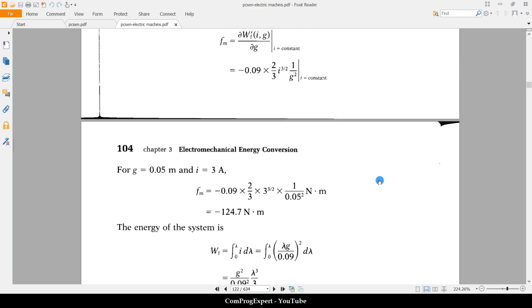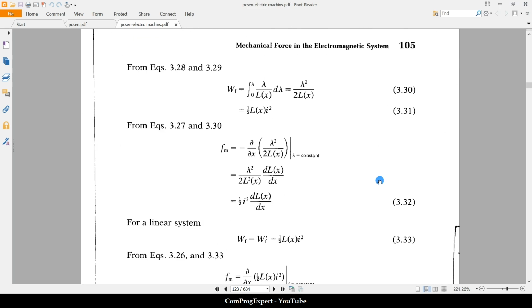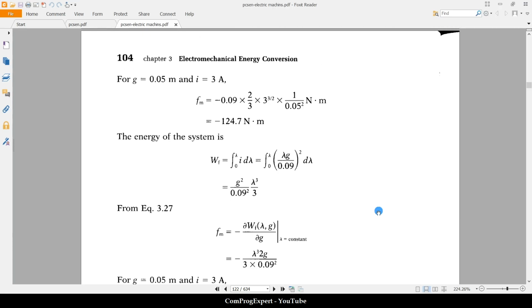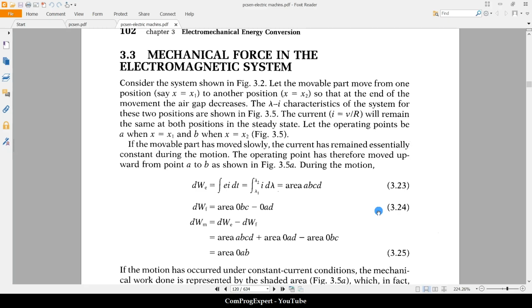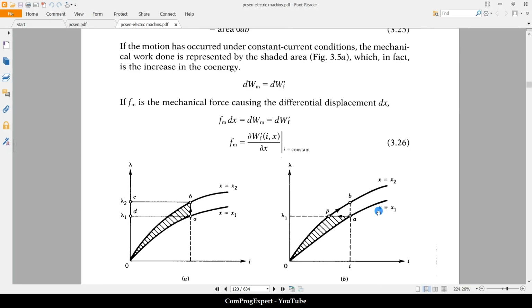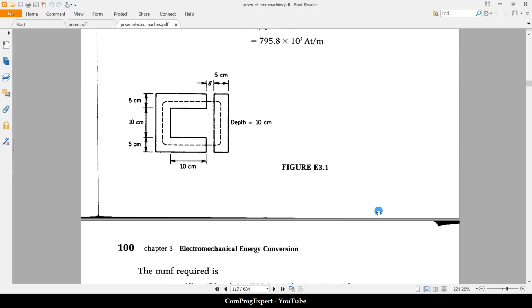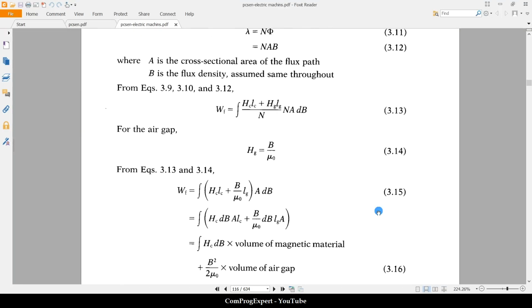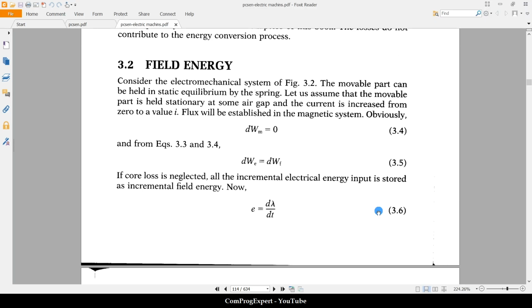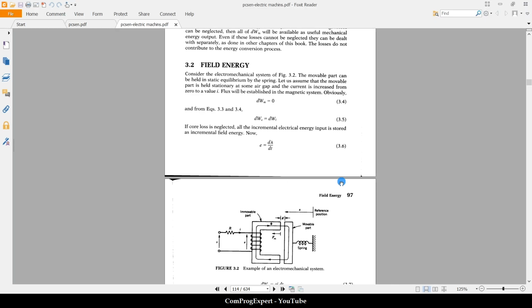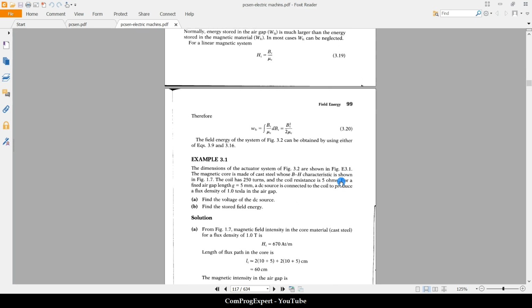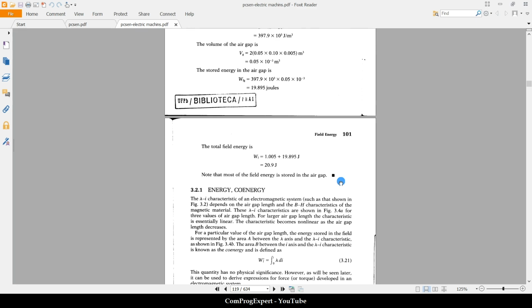If I find right this important equation for summation of the co-energy and energy, we had two equations. One of them was for force calculation, one typo error, and one was for summation of the energy and co-energy. So here is the summation of the energy and co-energy.